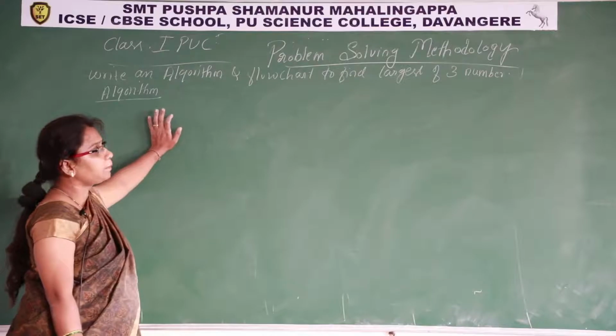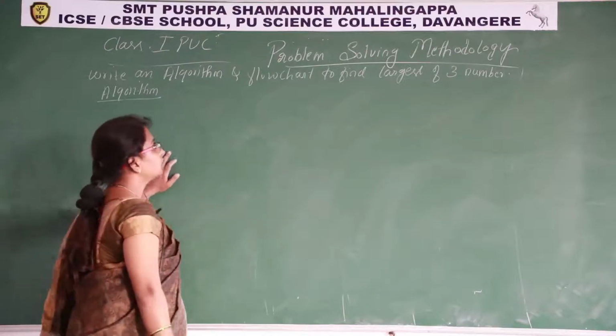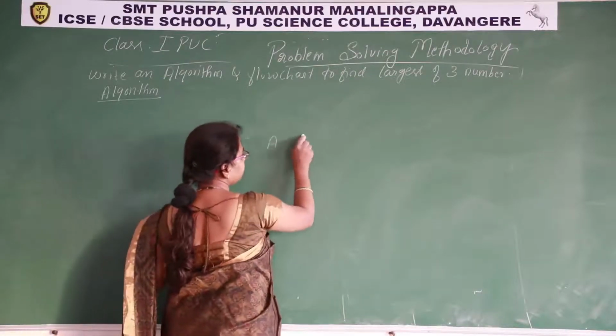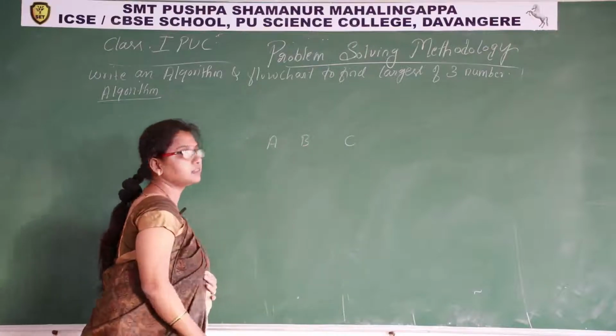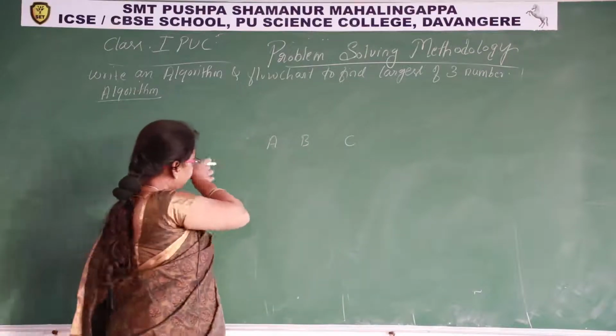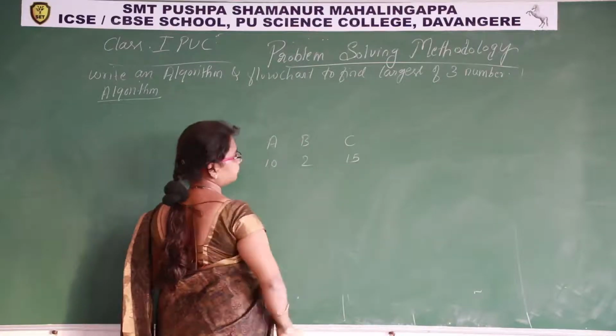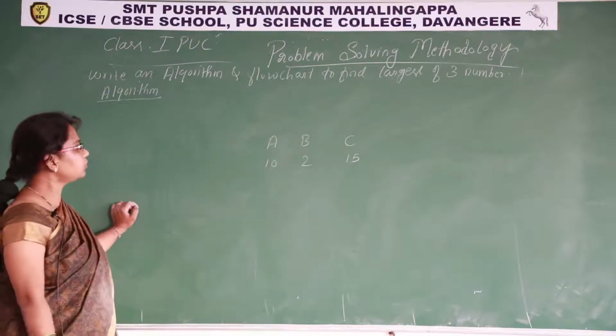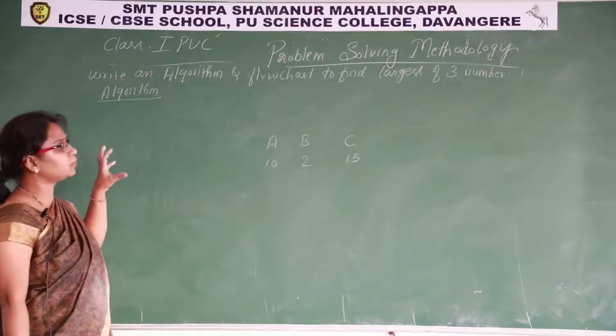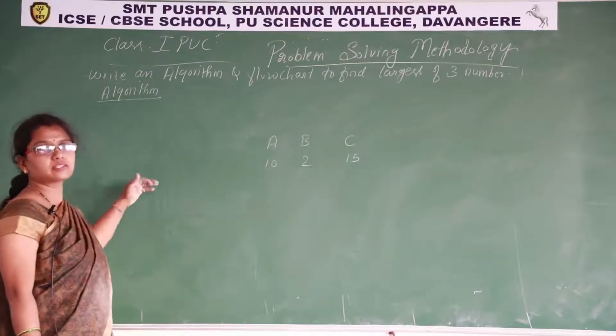Next, we should compare. How to compare? See, A, B, C: I will consider these three as the numbers. If A is 10, B is 2 and C is 15, then how to instruct the computer? How to write the steps?